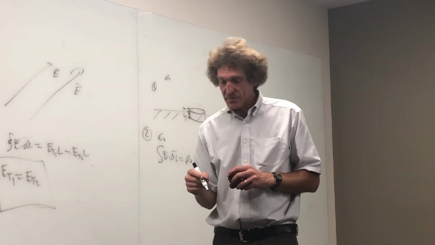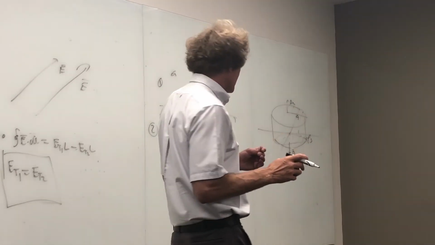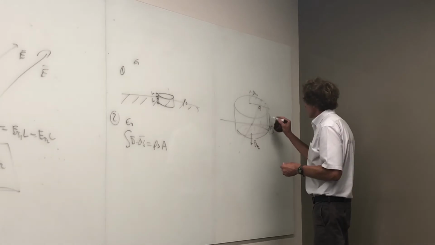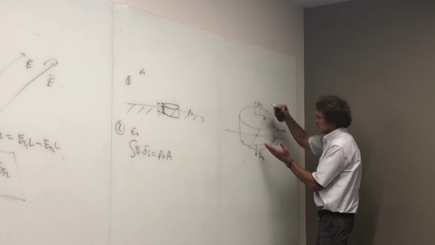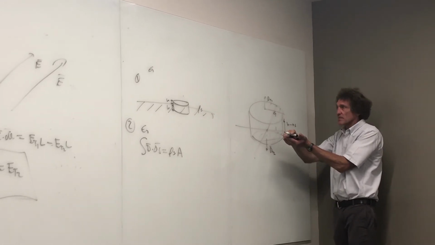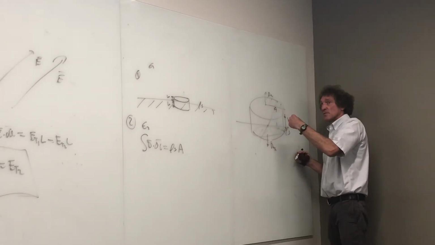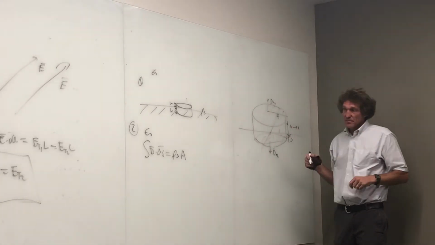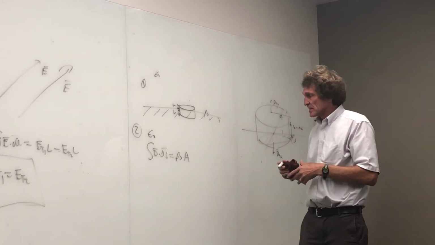So work with me on this one. Here's what I'm about to do. I'm going to shrink the height of this box and let the height go to 0. So I'm going to squeeze it down so I'm just at the surface, just above and just below the surface. And I'm going to say that the integral of D dot ds is going to be equal to the charge density times the area.